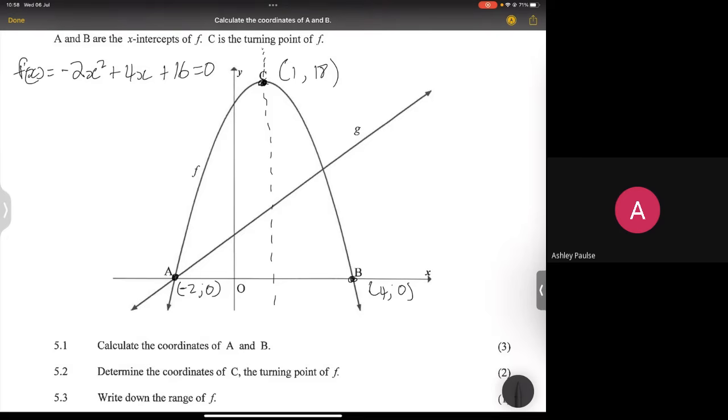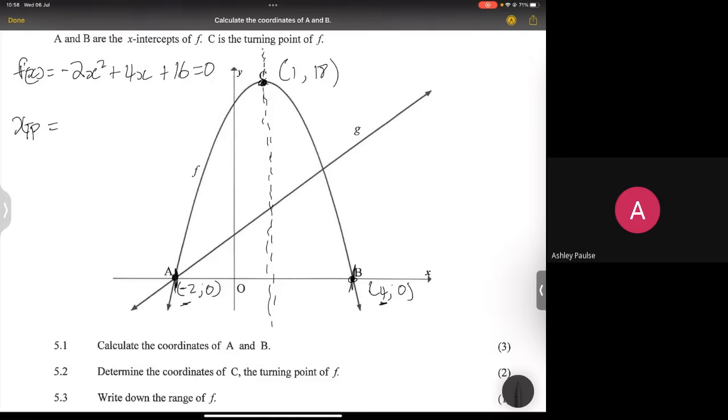So it's sort of the halfway mark in your graph. Remember, we got the value x is negative 2 here, we got the value x is 4. So to get the x value of your turning point, you take this value plus that value, and you divide by 2.